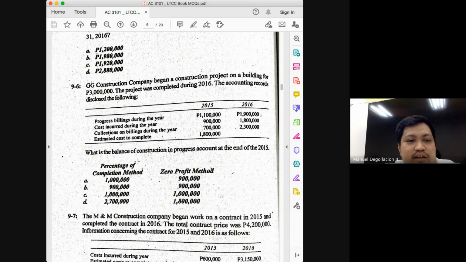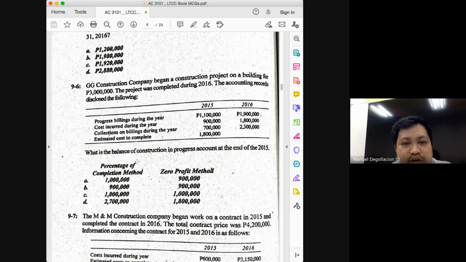Okay, so let's do that. What are the two things we need to solve for RGP? Percentage of completion and expected gross profit. Let's start with expected gross profit. How much is the expected gross profit in this problem? It's 300,000. Where did we get 300,000? It is the difference between 3 million and 2,700,000. Where did we get the 2,700,000?